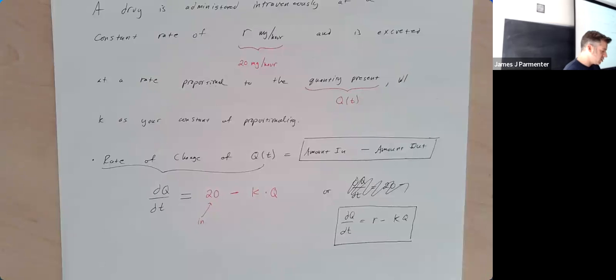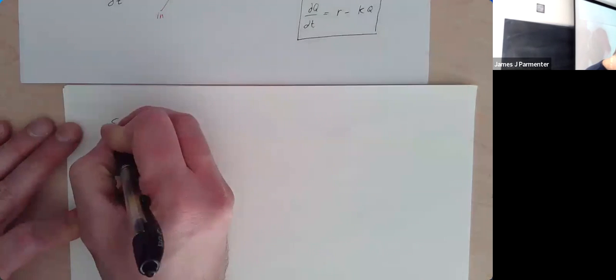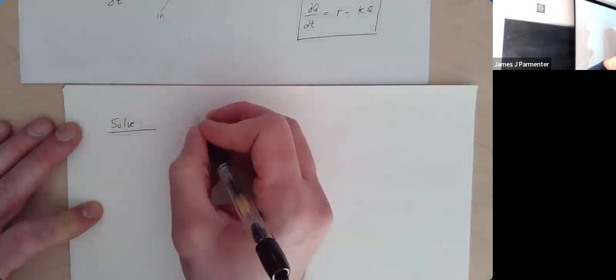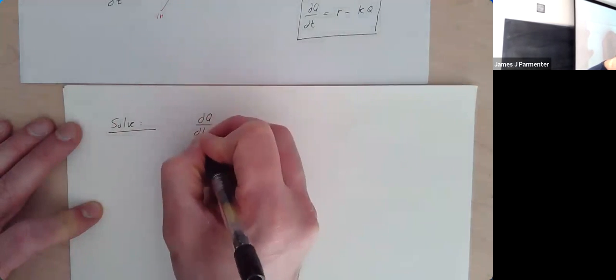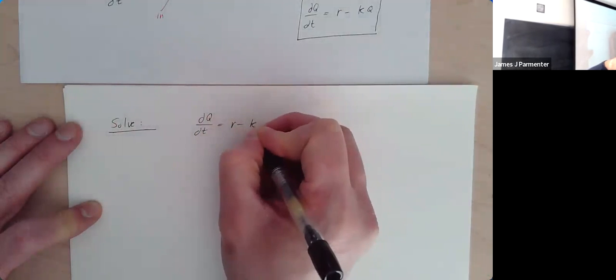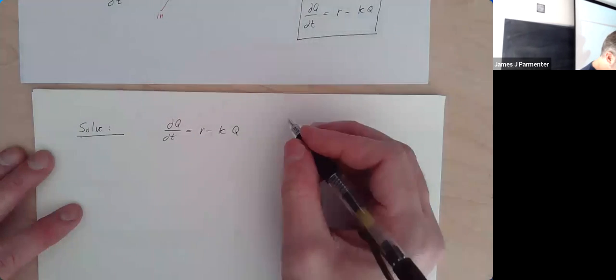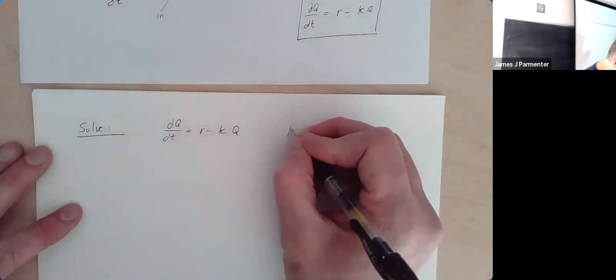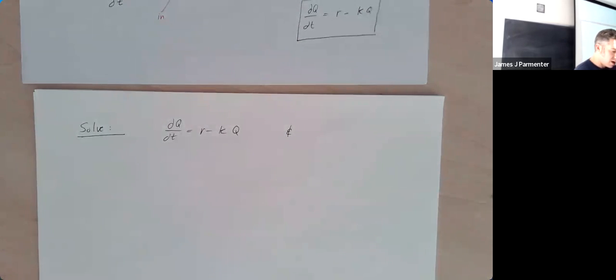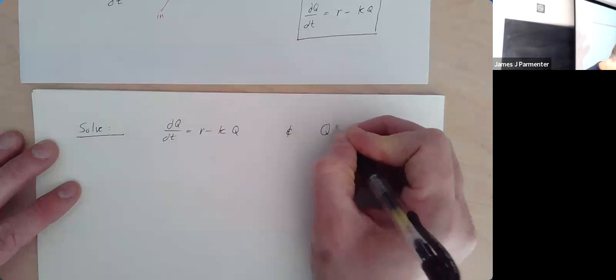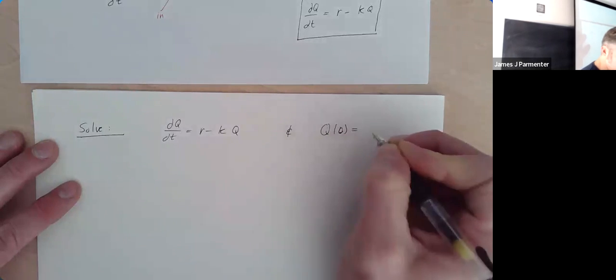Solve this differential equation, assuming there's no drug in the body initially. So let's write down what that means. If I want to solve dQ/dt equal to R minus K times Q, we are also given that there's no drug in the body initially, which means that Q of 0 should equal how much?